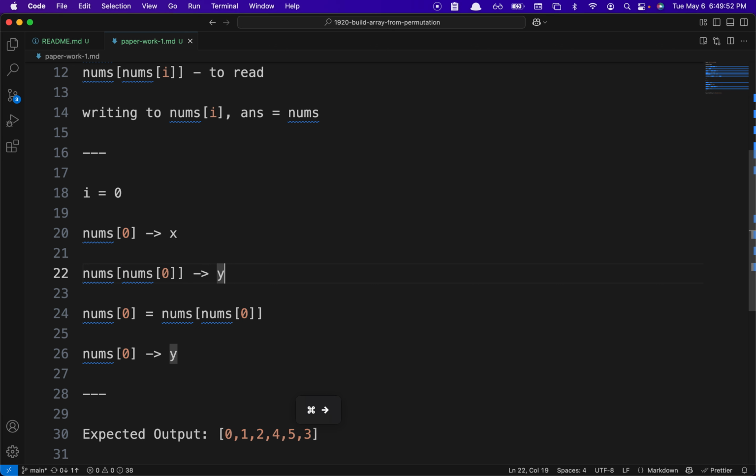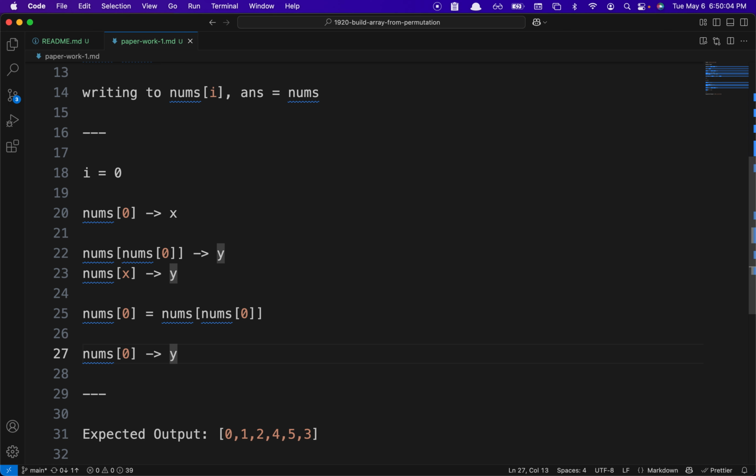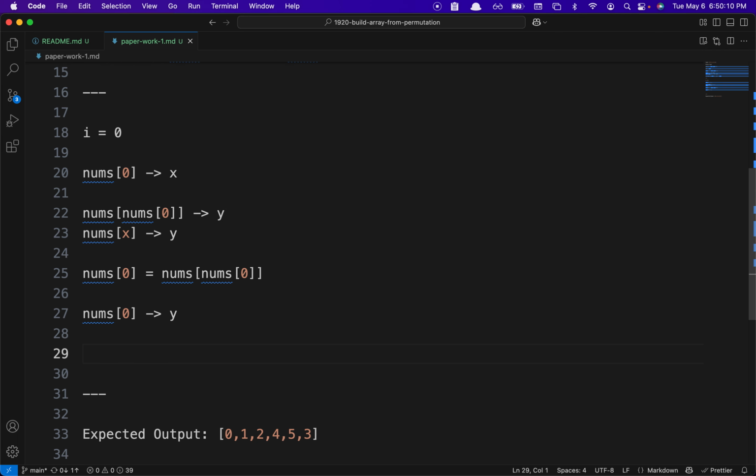And you understand from this that nums of x is y. So finally, now what you understand is, if this is x and this is y, that is nums of x is y, and you're changing nums of 0 to y now, and you lose nums of 0 now. You lose your x.